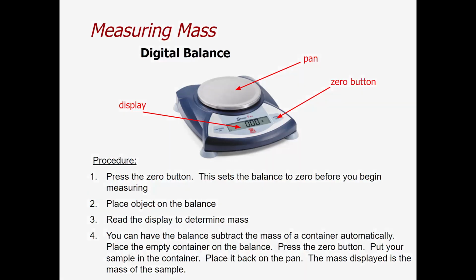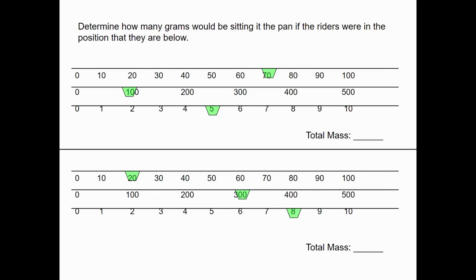Correct. All right. So if I'm looking at a triple beam balance and I see the riders in this position, raise your hand and tell me, what is the mass of this object? What's the mass, Max? Let's pretend they're right on these marks. 175. Yep.